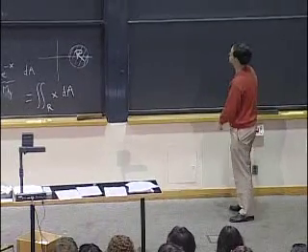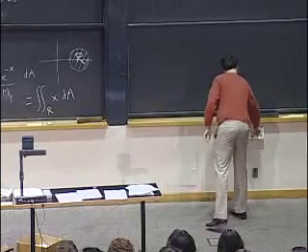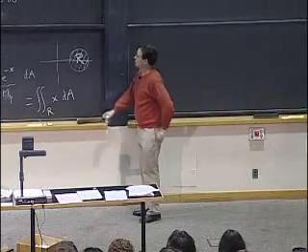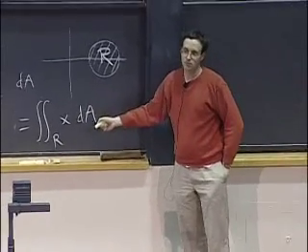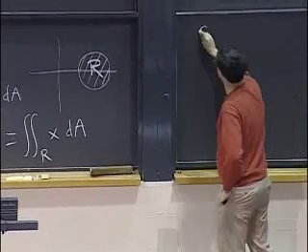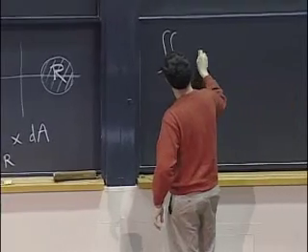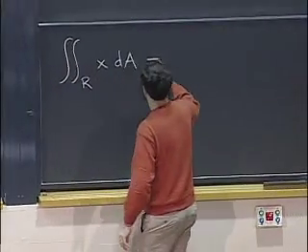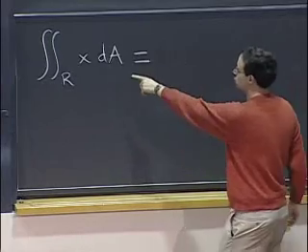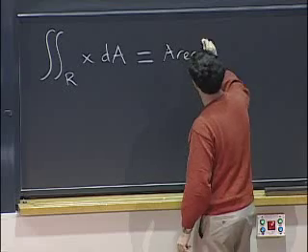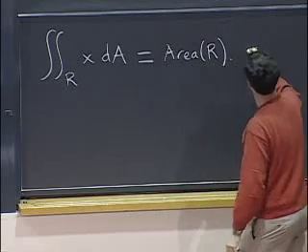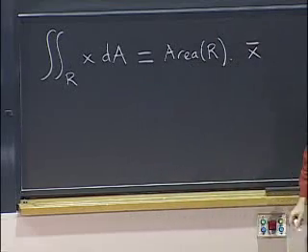Now, how do we compute that double integral? Well, one way would be to set it up, or let's actually be a bit smarter and observe that this is actually the area of the region R times the x coordinate of its center of mass.